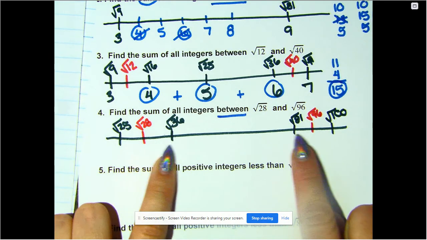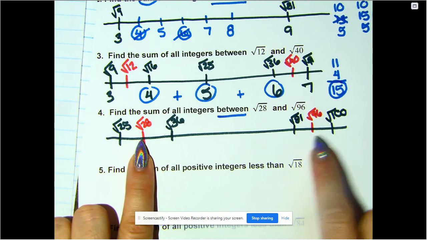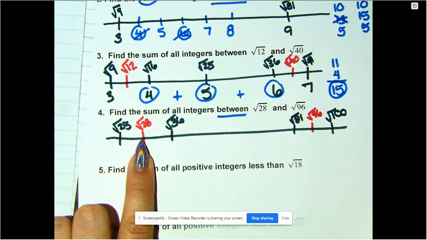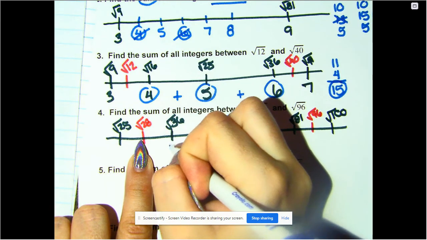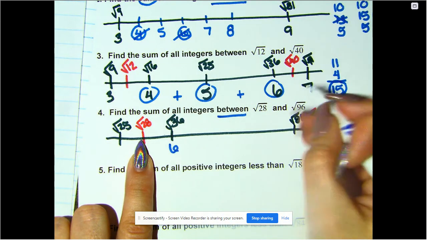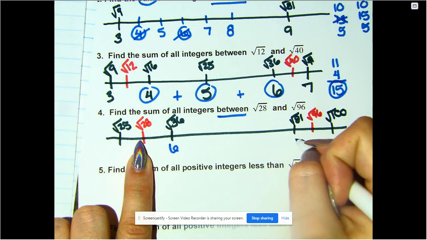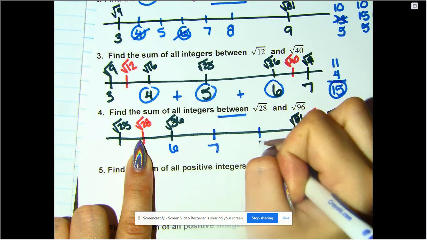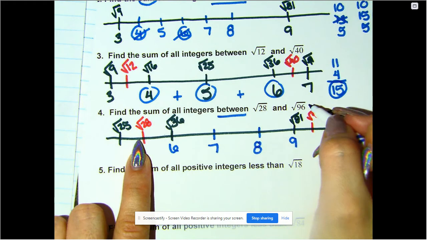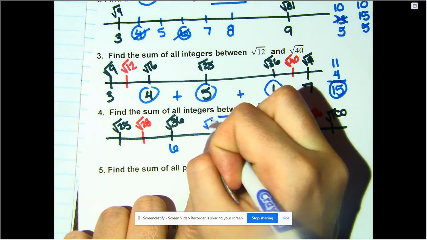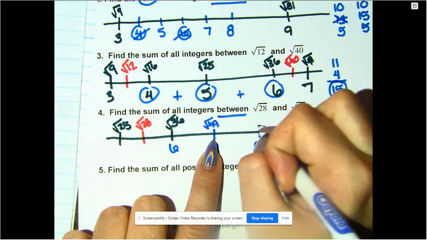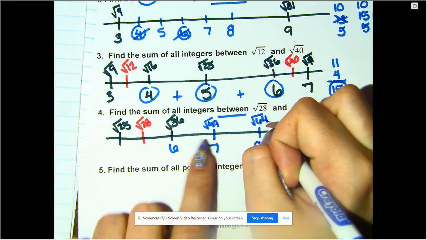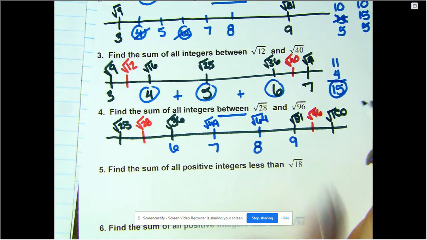And my integers between those 2 points are going to be the square root of 36, which is 6. The square root of 81 is 9. So the integers between there would be 7 and 8. And again, I knew that because the next perfect square is 49. And the next perfect square is 64. So my numbers are 6, 7, 8, and 9.